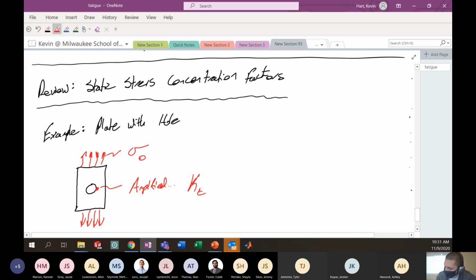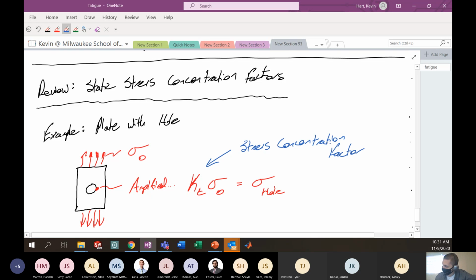KT. Sometimes it has some other values. But here, the stress is going to be amplified, and it'll be KT times sigma 0 equals sigma hole, let's say the stress around the hole. All right. This KT value here is called the stress concentration factor.